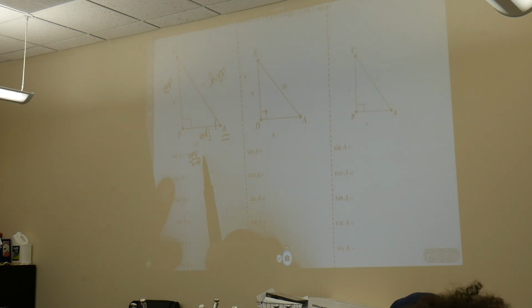We just named the opposite to be what? 9 over the hypotenuse, 15. Yeah, but we can reduce that, right? Because we go by 3, right? So we reduce by 3, we get a what? 3 over 5. Now that's it. That is sine.